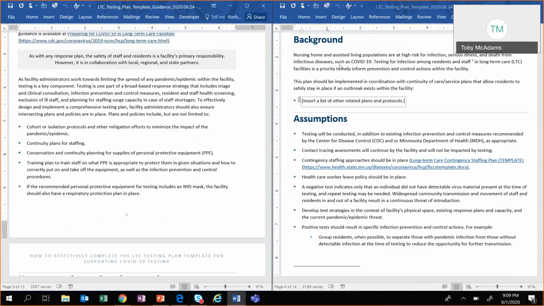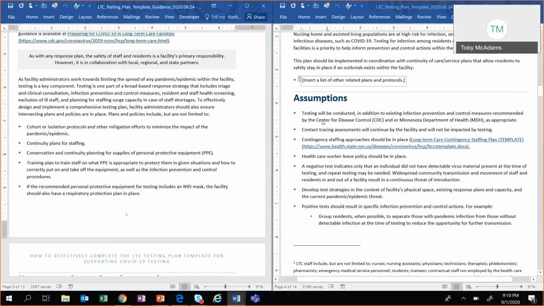What about your staff leave policy? Are those plans going to inform your testing plan, or does your testing plan inform those plans? Again, think about what is that connection, what is the bridge, and is there a bridge? Because if there's any bridge between any plans, you want to ensure those plans are documented here. So when this plan is implemented and activated during a response, you know exactly your expectations of what plans to review as well.